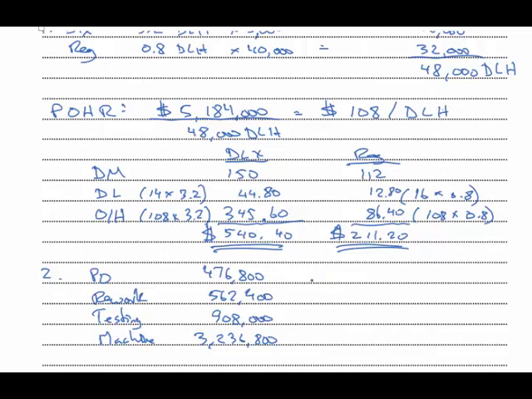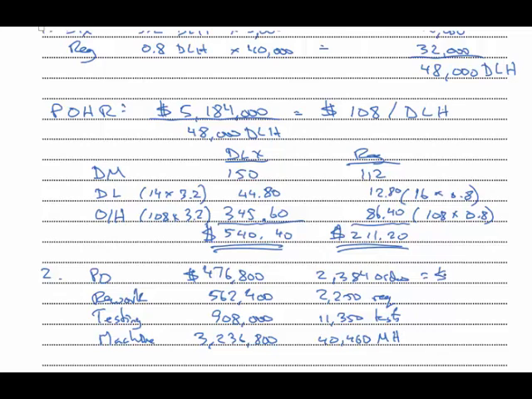Expected activity, we figured we would have 2,384 orders, 2,250 requests, 11,350 tests, and 40,460 machine hours.